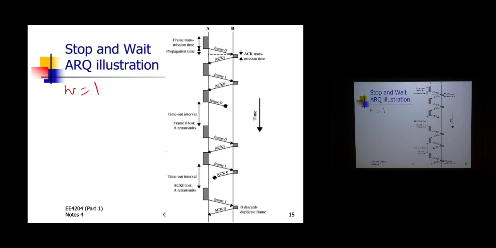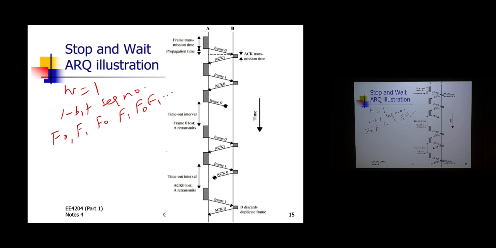Now it uses a 1-bit sequence number. That means frames will be numbered frame 0, frame 1, frame 0, frame 1, and so on.